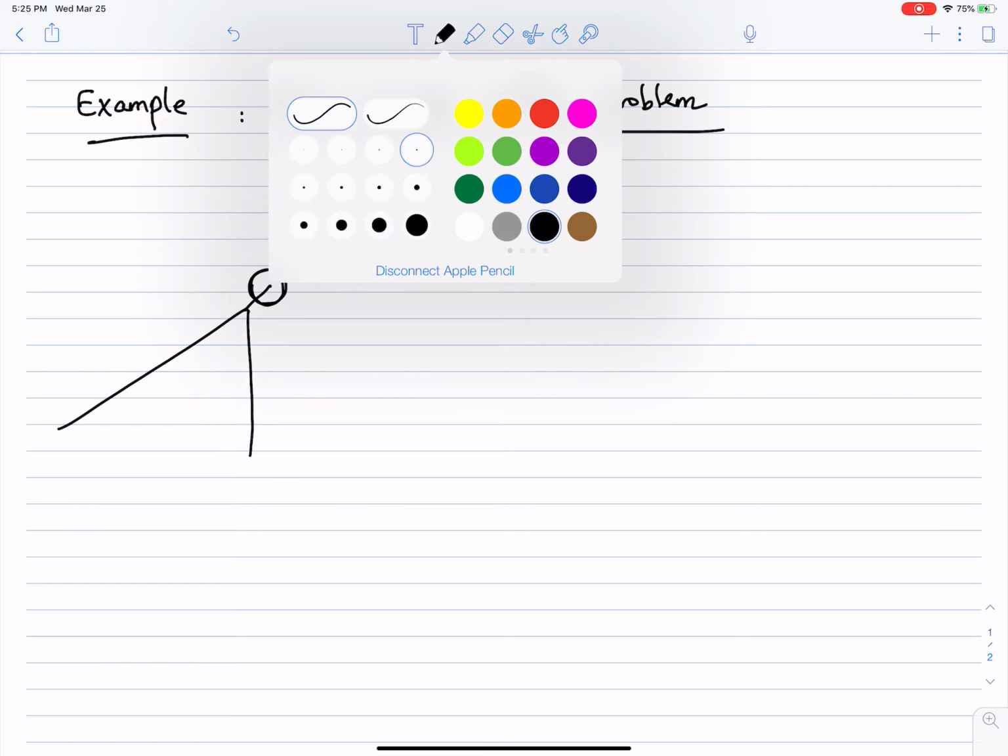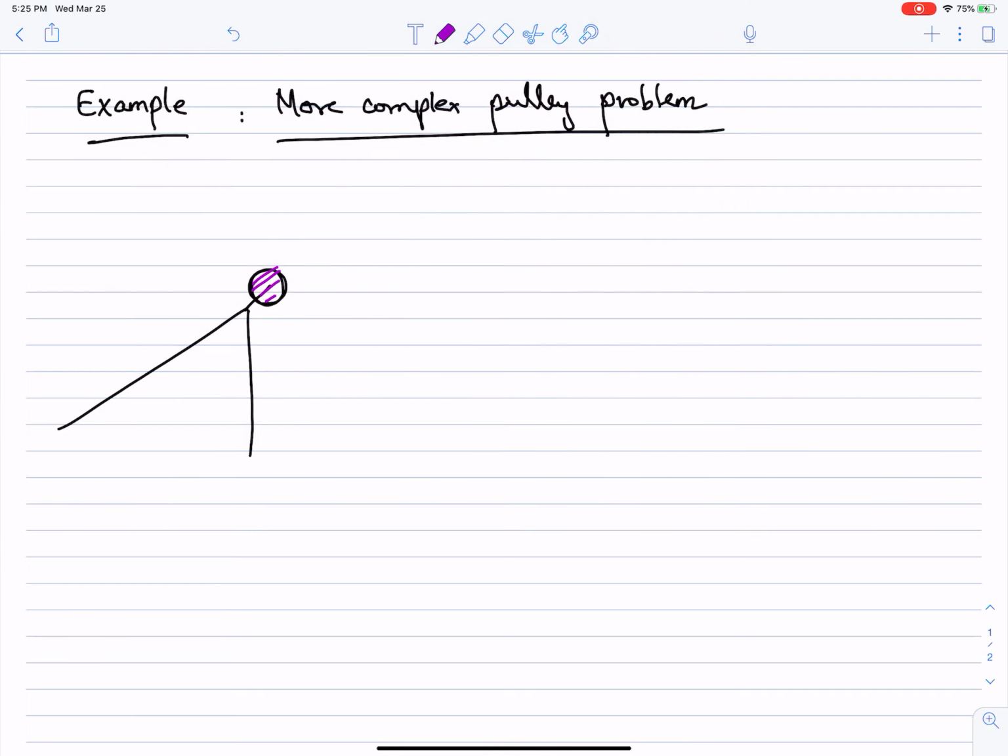And this pulley is massless and frictionless.